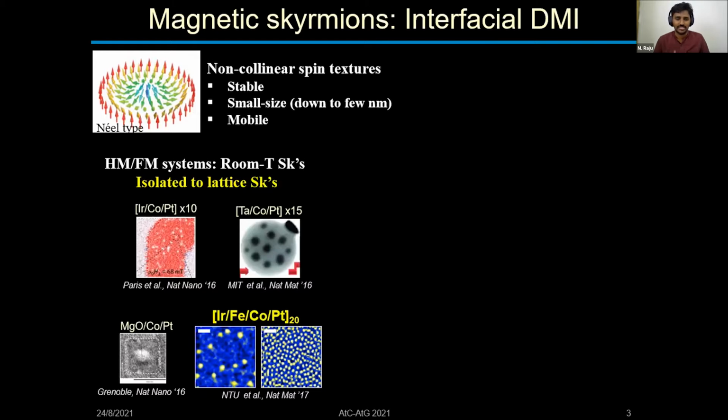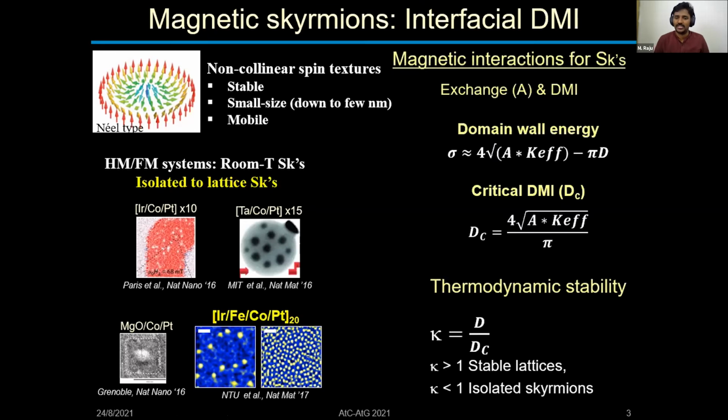They're especially attractive at room temperature, where their properties such as size or density can be controlled simply by changing our material choice. Here you see a range of material combinations which came up in the last 4 or 5 years and really took off the interest in room temperature magnetic skyrmions.